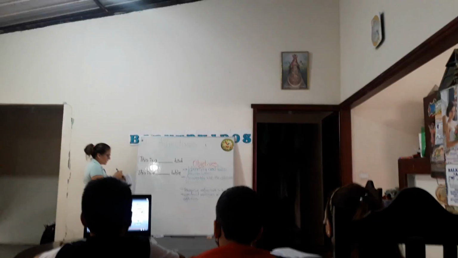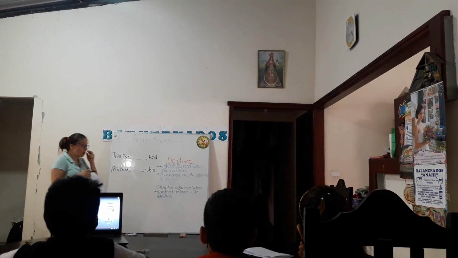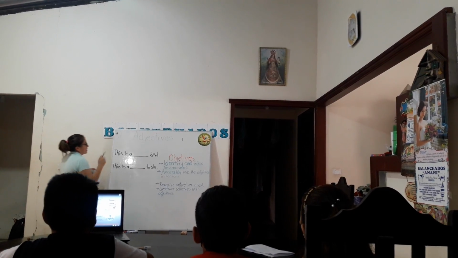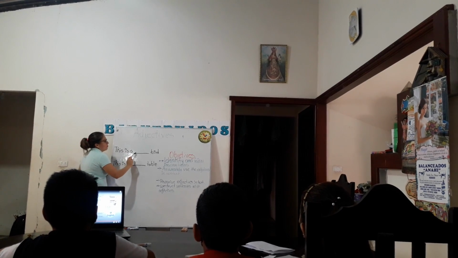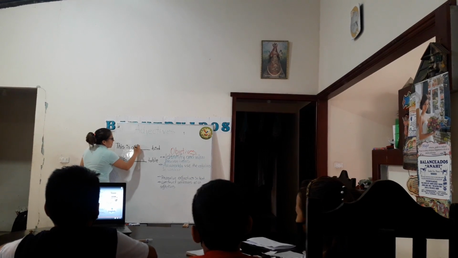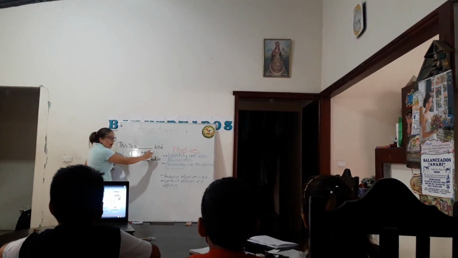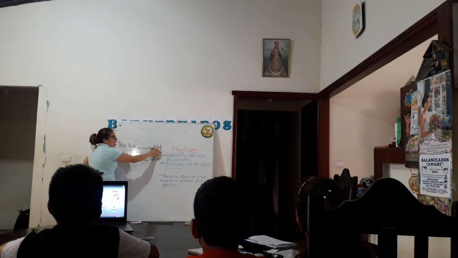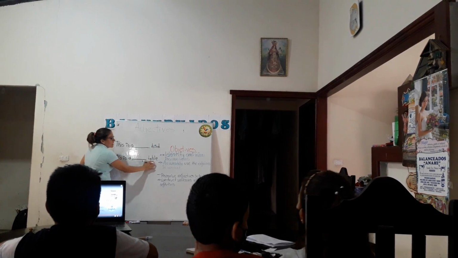Okay, pay attention. In the video it says some examples. For example, this is a blue bird. The adjective is placed before the noun. Noun is an animal. Table is a thing.